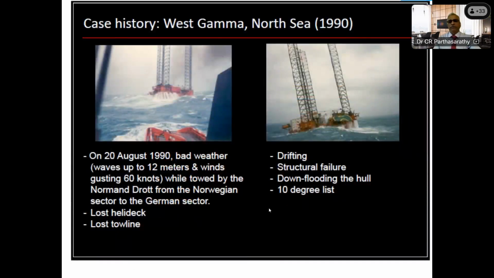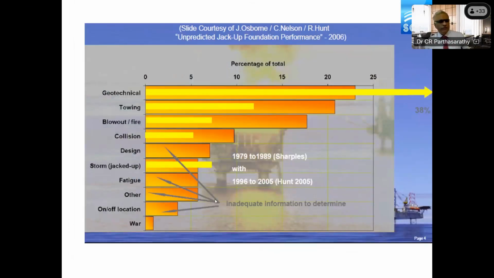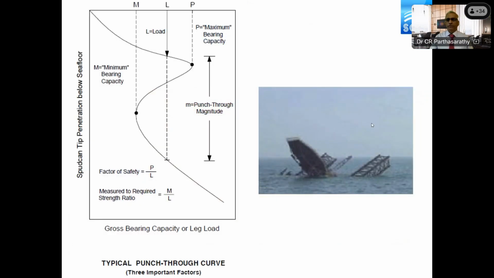In a harsh environment, you have to be very careful about the weather conditions before you move the rig from location to location. Most of the jackup rig accidents are due to punch through in nature. Out of the 40% that are geotechnical in nature, punch through contributes significantly to this number of accidents. So we have to be extremely careful about punch through.